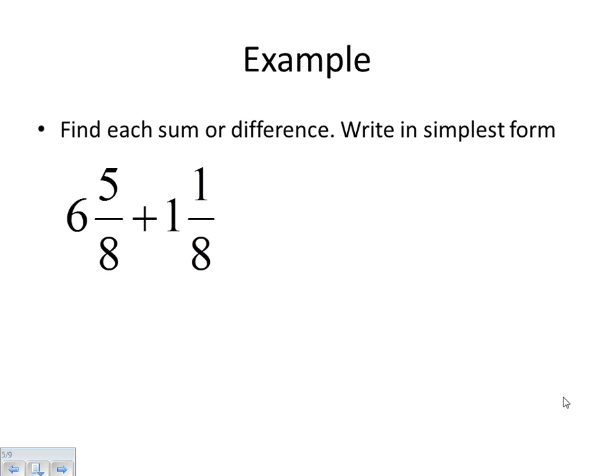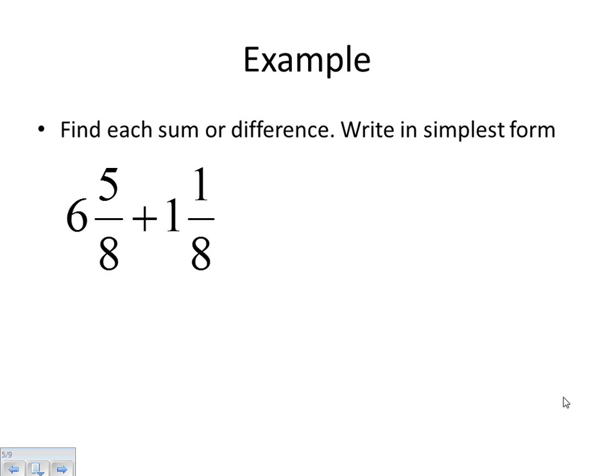Okay, here's another example. Again, this one is similar, except for one tiny little thing. We have what's called a mixed number. A mixed number, as we talked about in the earlier lesson, is a whole number with a fraction. Before, when we were multiplying rational numbers, we had to change them into improper fractions. It's going to be the same thing here.